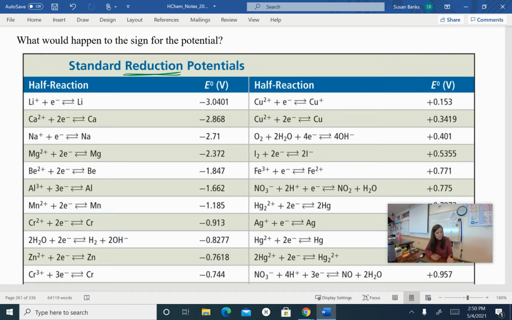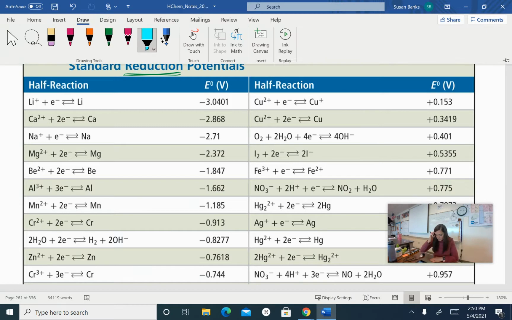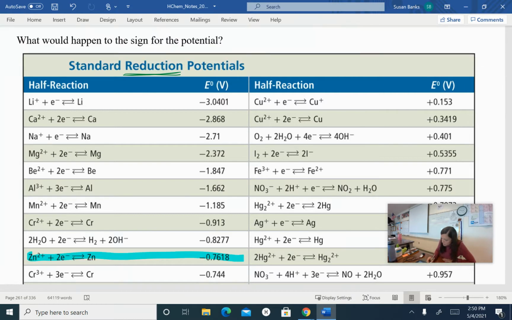So let's see if we can find zinc in here. We wanted zinc to go to zinc +2. We have zinc +2, but we're going to have the opposite. So if we have zinc going to zinc +2 and 2 electrons, instead of being negative 0.7618, it's going to be positive 0.7618 because it's going to be the opposite.